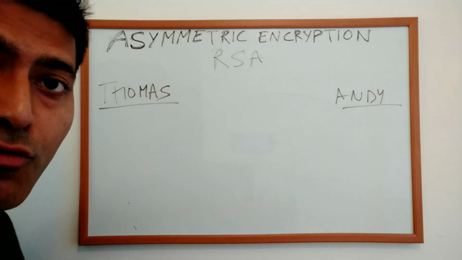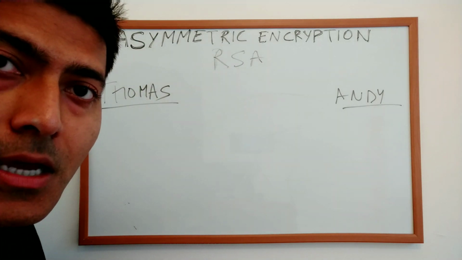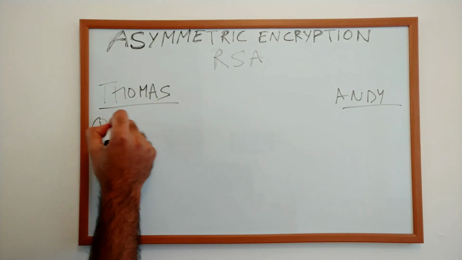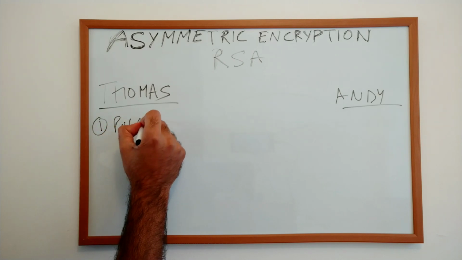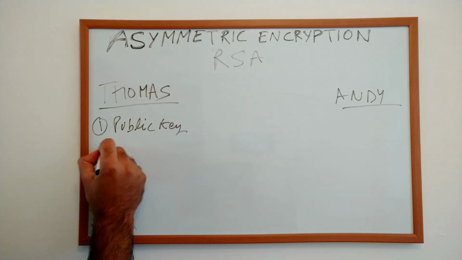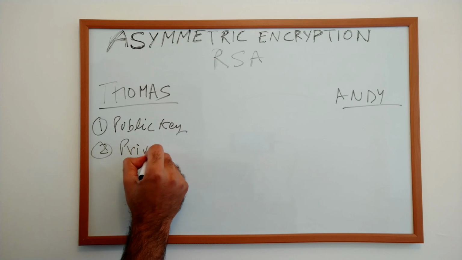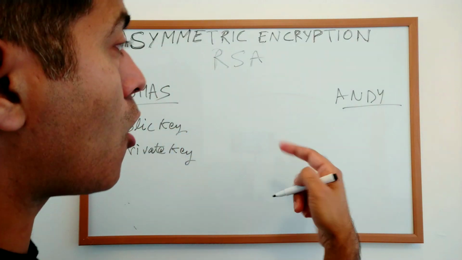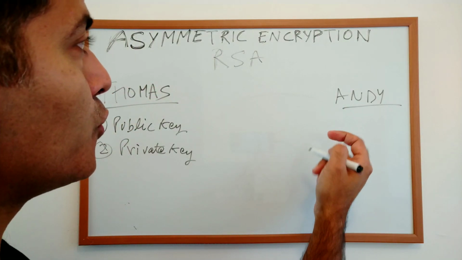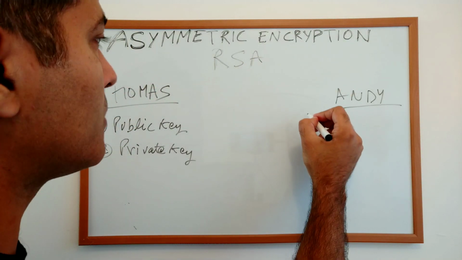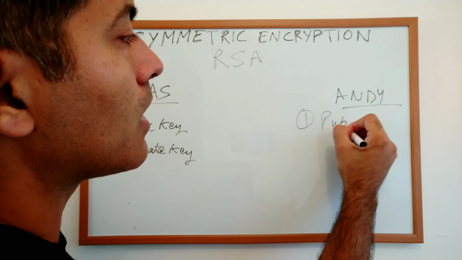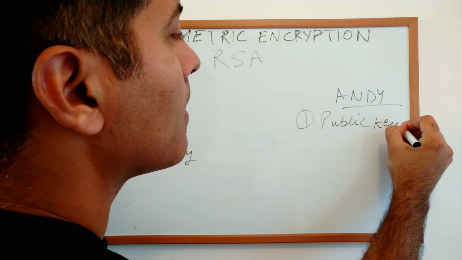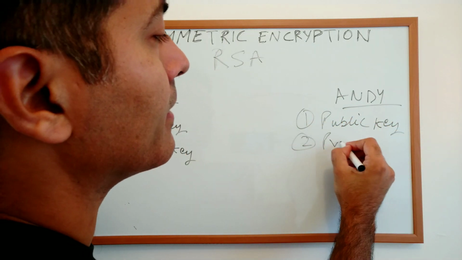So Thomas will create a key pair called public key and private key. And Andy will do the same thing on his end. He will also use one algorithm, let us say the RSA algorithm, to also create a public key and a private key.